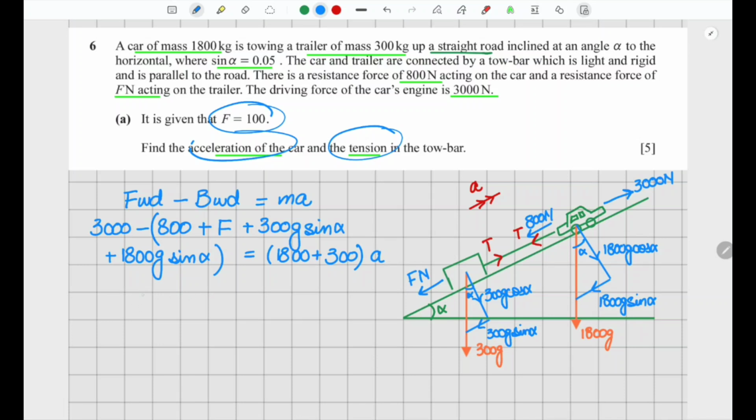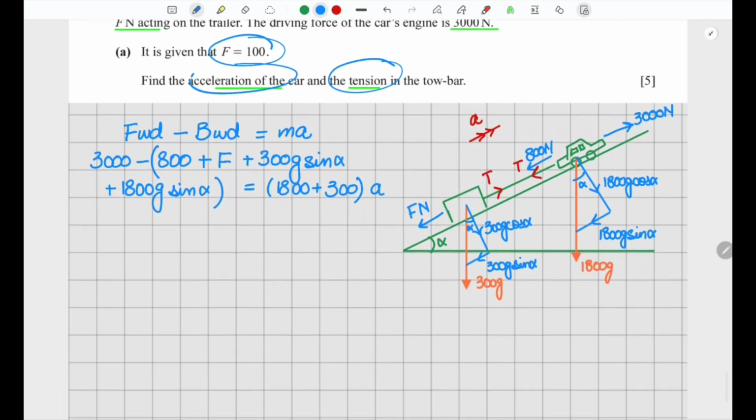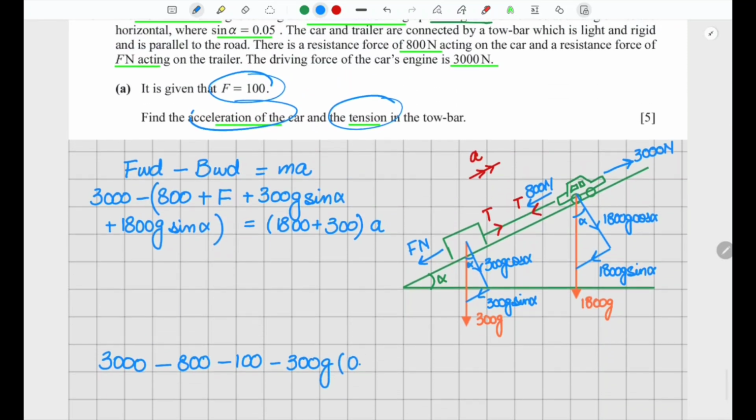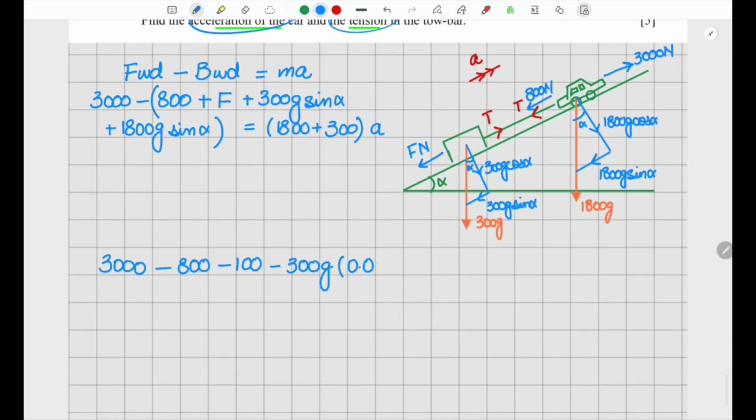So I'm writing this whole again in one line: 3000 minus 800 minus 100 minus 300 g times sine alpha, which is 0.05, minus 1800 g times 0.05, equals 2100 a.